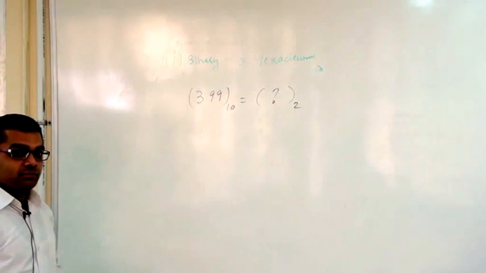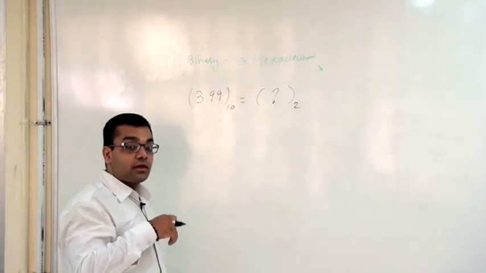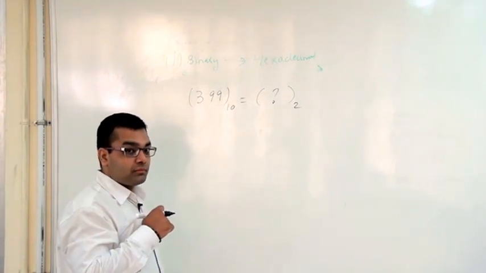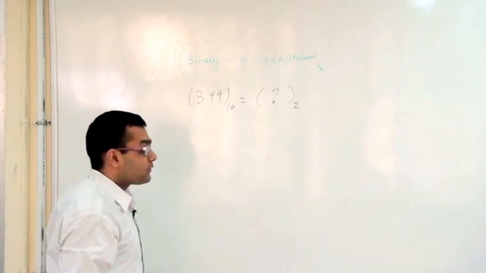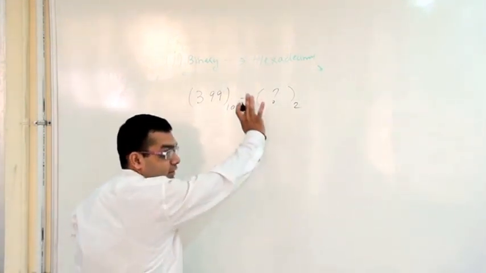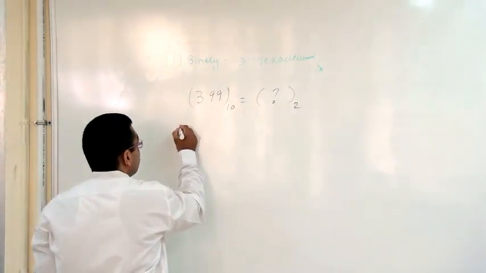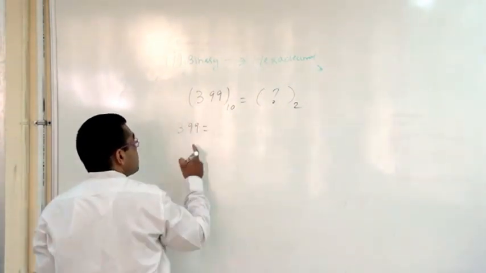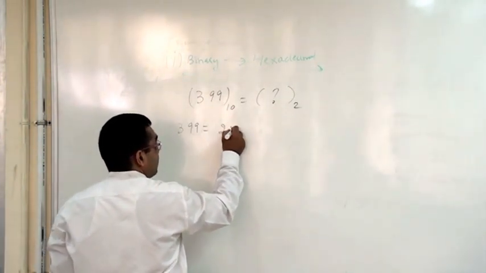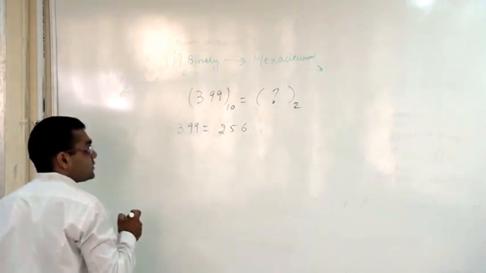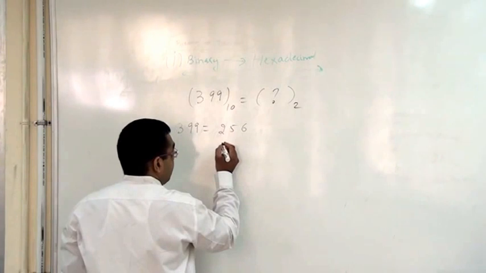So first of all I write its binary number. Okay, so 399, if we write down its binary, the highest power of 2 less than this is 256. Okay, this is 2 to the power 8.